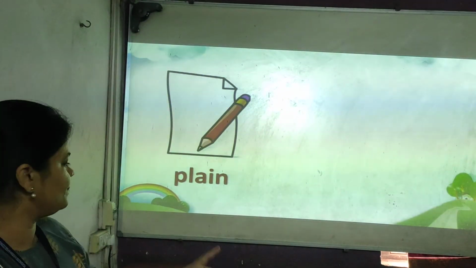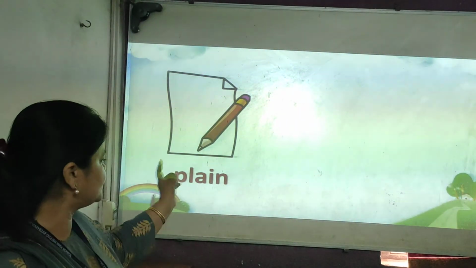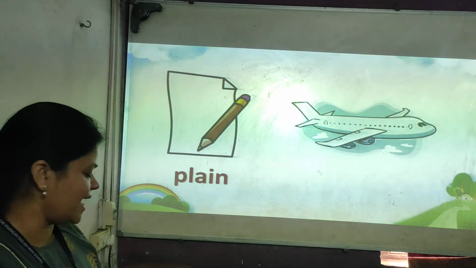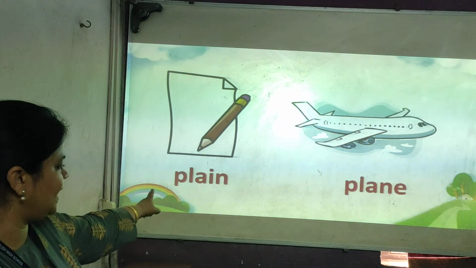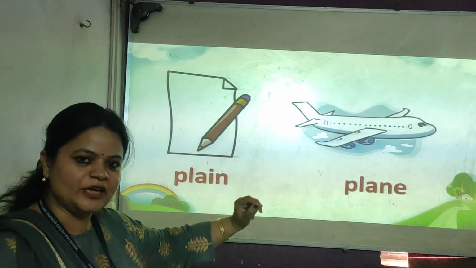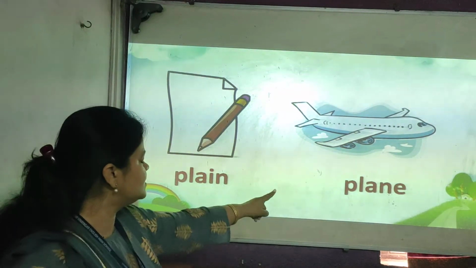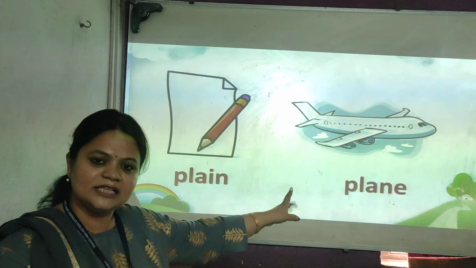What do you see here? Plane. Guess any similar word to this plane? Yes, it's a plane. This plane and this plain, when you read, sound the same, but both the words have different meanings and different spellings.